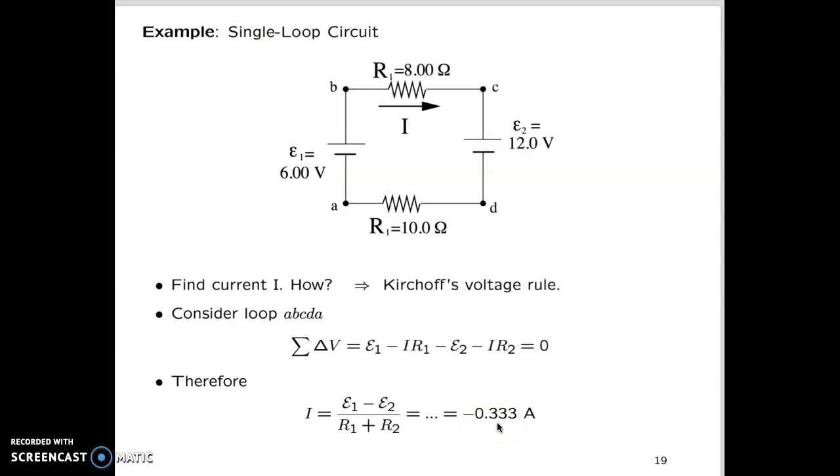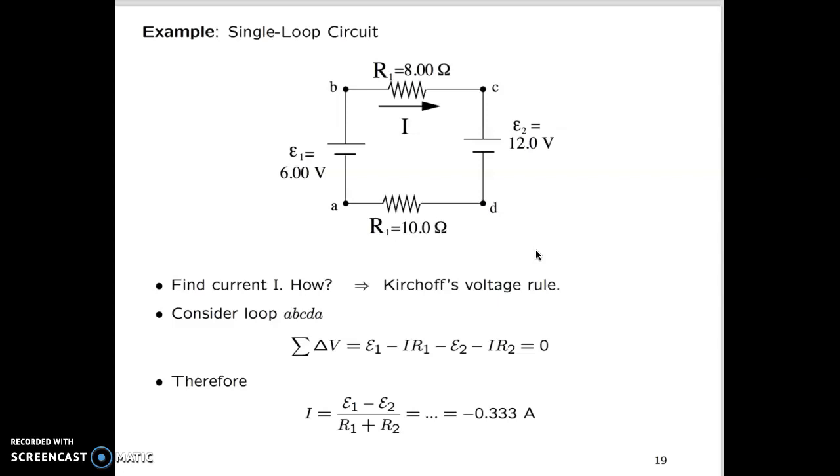So 0.333 amps is definitely the right current. The negative sign means, oh yeah, I guessed wrong. I said it was clockwise, it's actually counterclockwise. So if you work through a problem and you calculate a current and it's negative, make sure at the end of your solution, you say what the significance of the negative sign is.